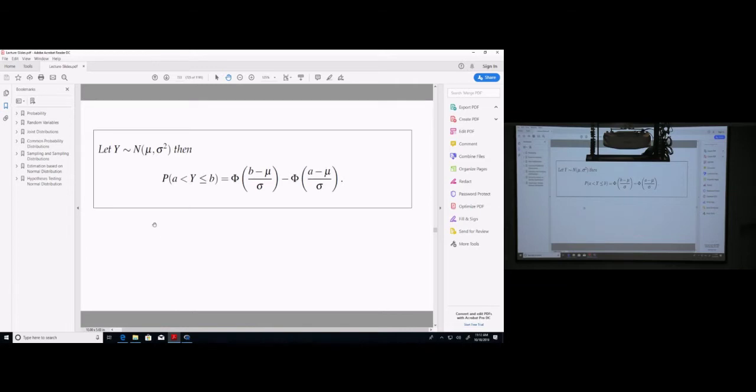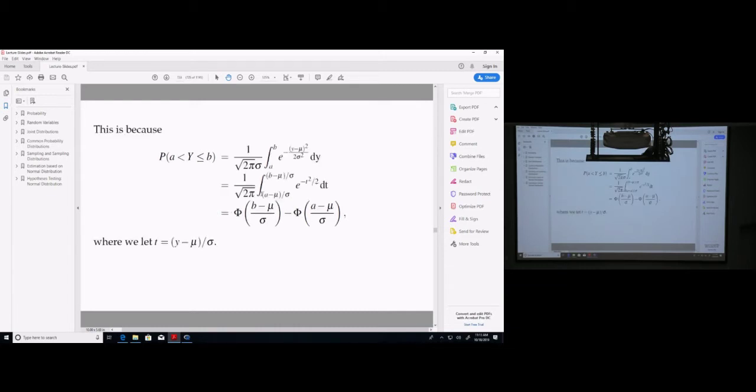Okay, as it turns out, you only need one table for the normal distribution because you can always recenter it and rescale it, all right? So you center it by subtracting the mu, and then you rescale it by dividing the length by the standard deviation.